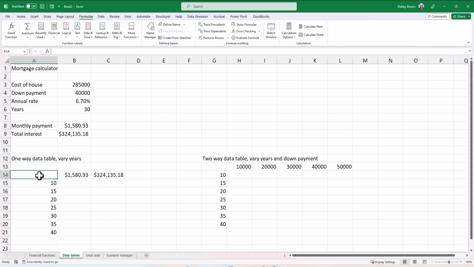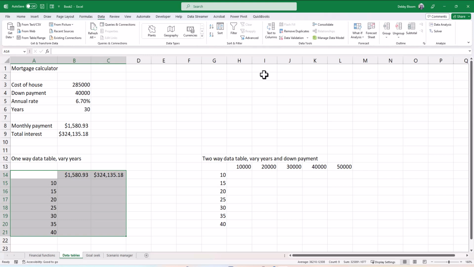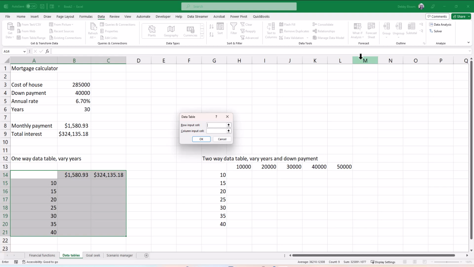So now I'm going to select my entire data table, including the formulas, so including that top row, and I'm going to click on my Data tab. In the Forecast group, I'm going to click on What If Analysis and Data Table.